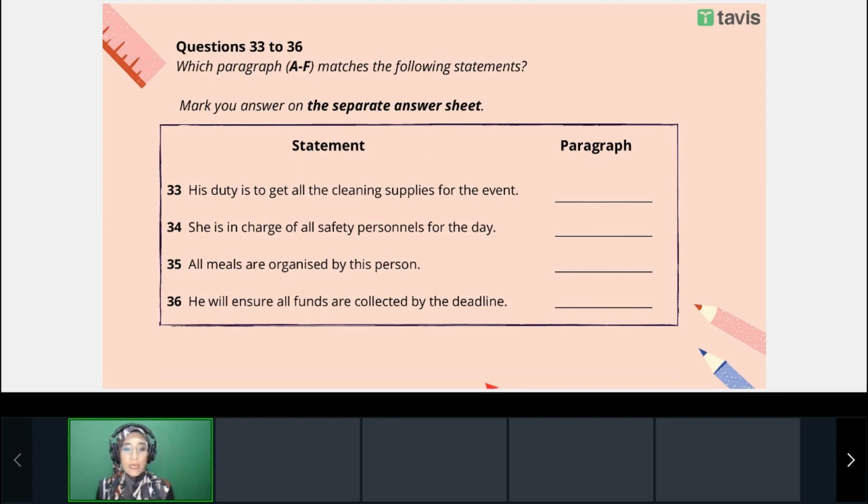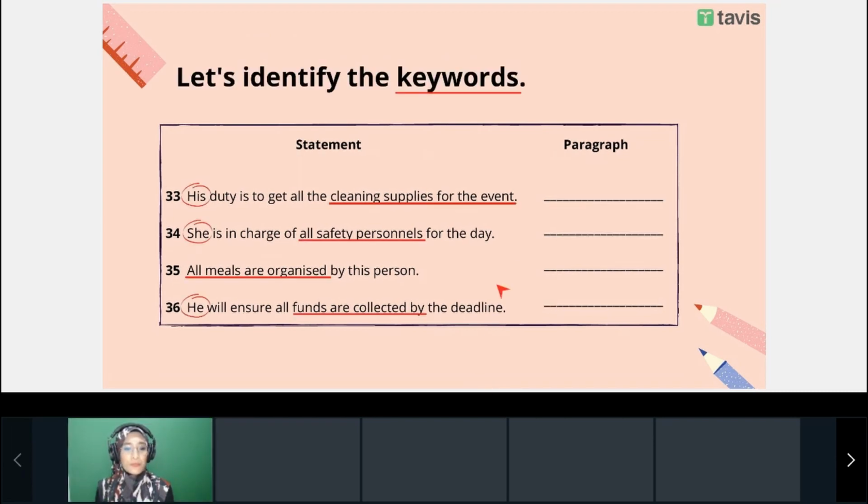Now, I took the time to highlight or underline some keywords for you. Okay, so here are the keywords. You can see the pronoun his. His is for male. And 34, she. She is in charge.